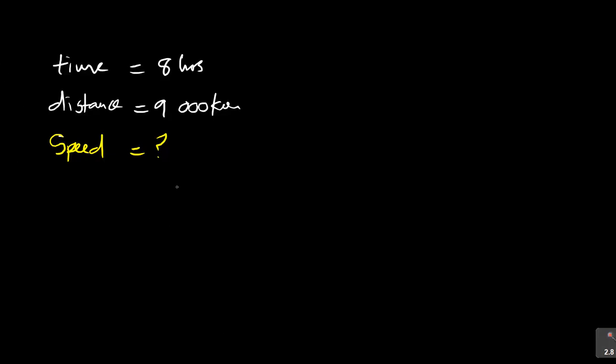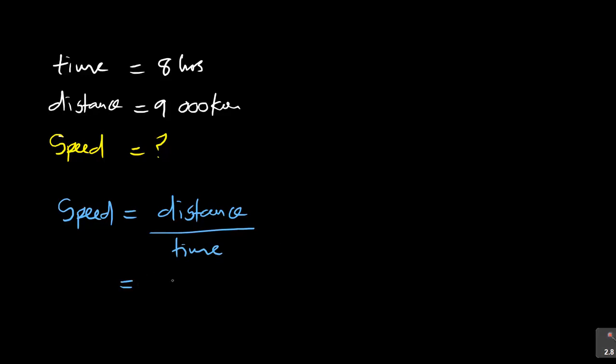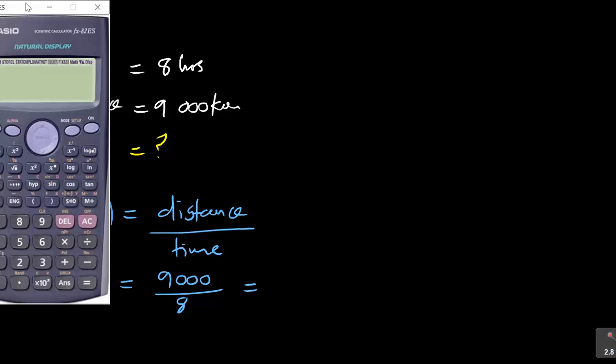Remember, there is a formula for speed. It says speed is equal to distance over time in kilometers over time. In this case it will be in hours, which is equal to, distance is 9,000 over 8, and it can give us now the speed that we will be traveling.